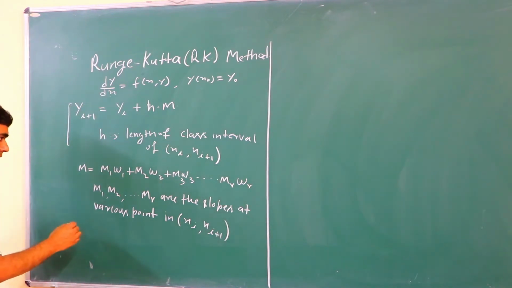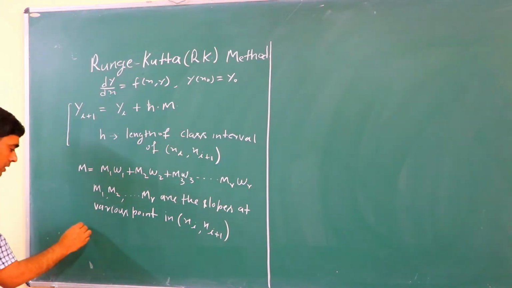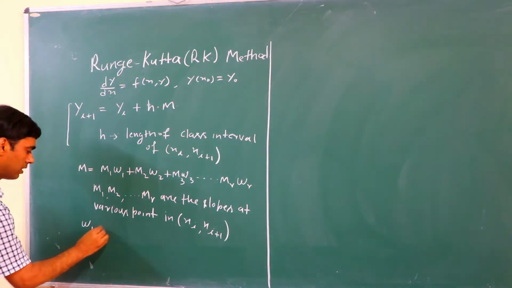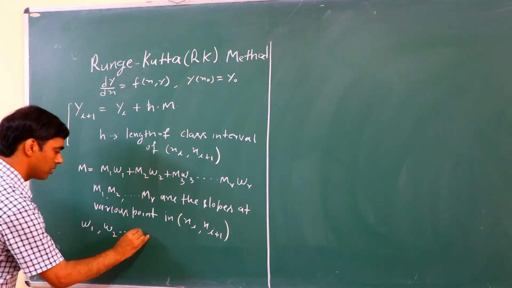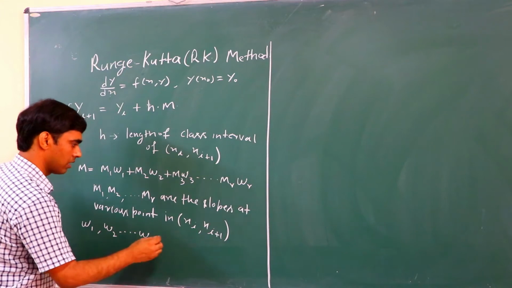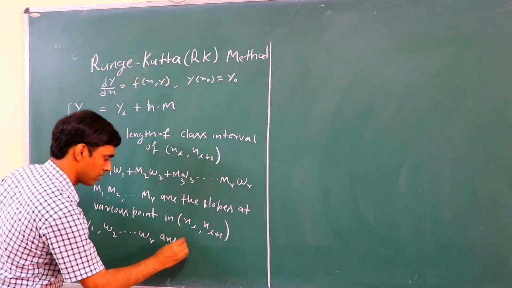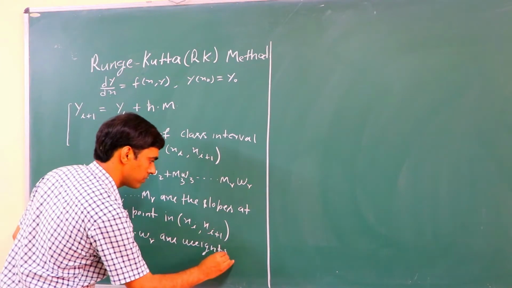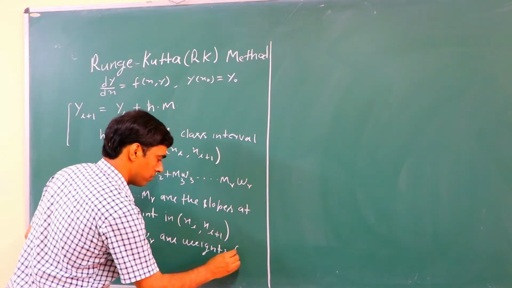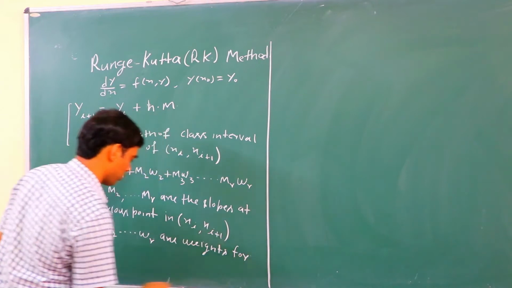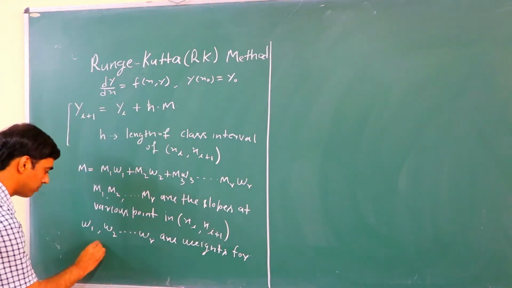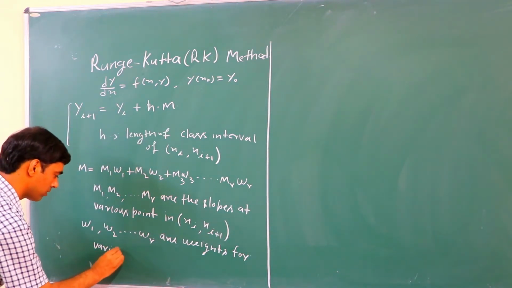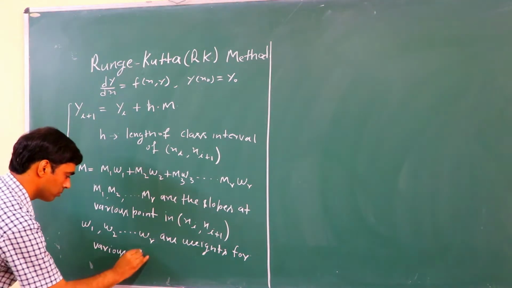And what are w1, w2, up to wr? They are the weights for the different slopes.